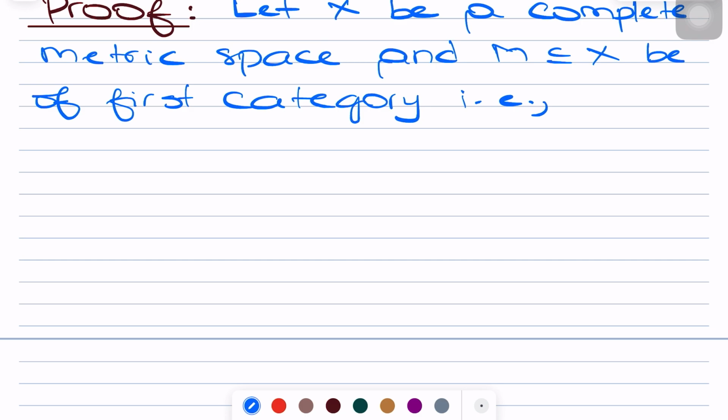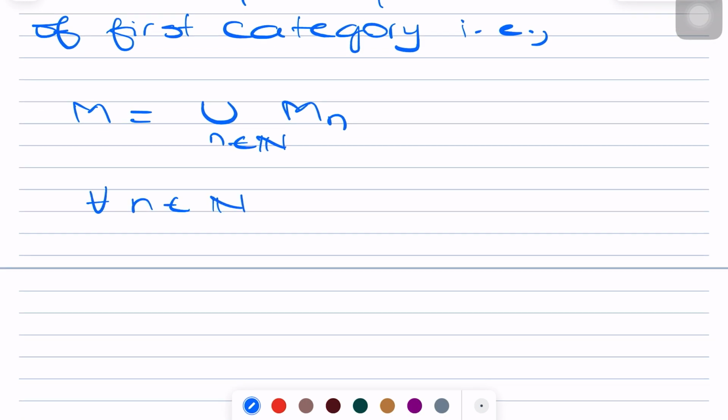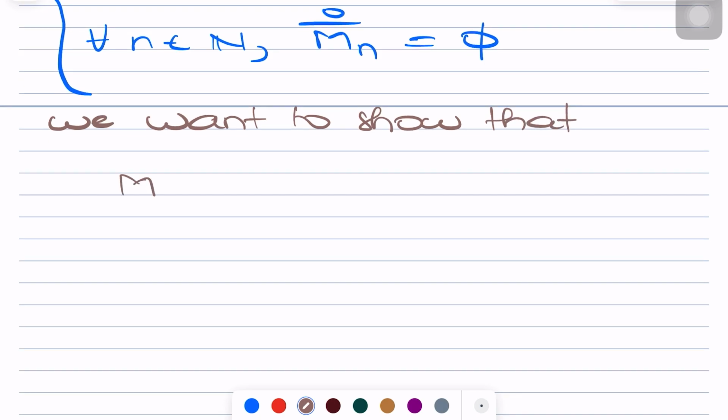So that means M is the union over n of Mn, with Mn nowhere dense. The interior of the closure is empty. So we want to show that the complement of M lies dense in X. So we want to show that the closure of M complement is equal to X.